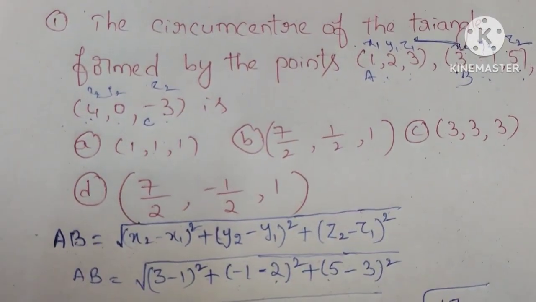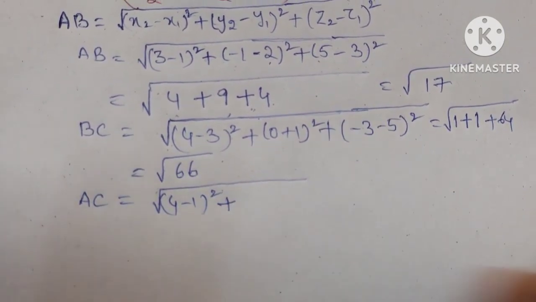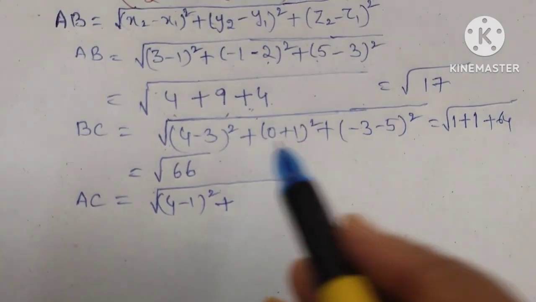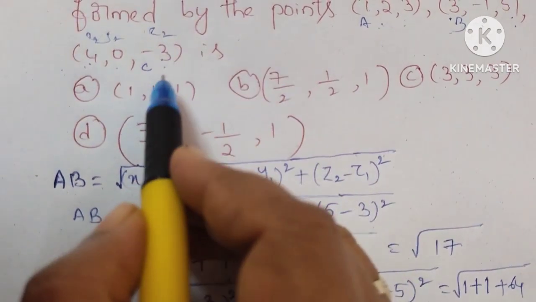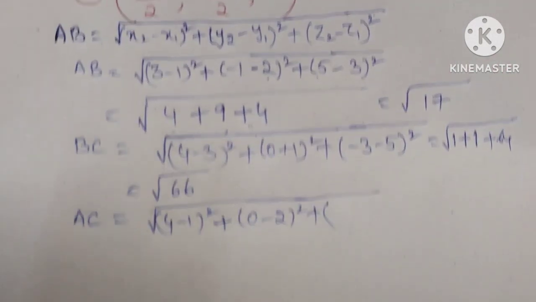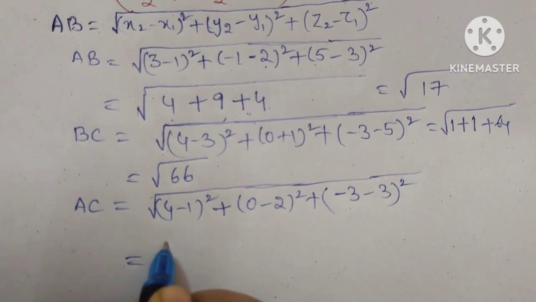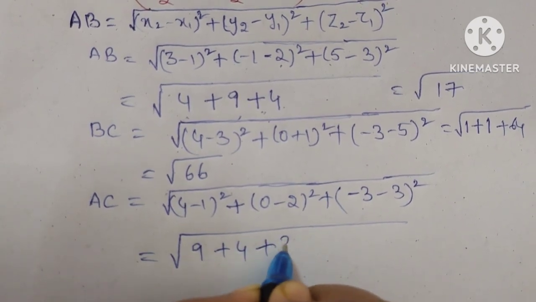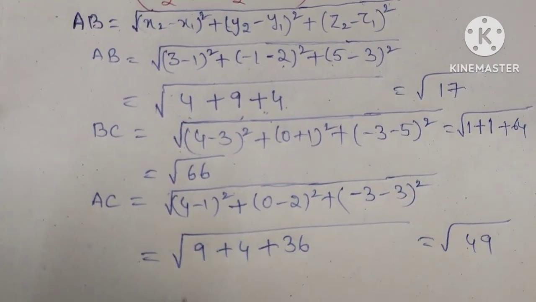Now x2 minus x1, 4 minus 1 whole square, plus y2 minus y1, 0 minus 2 whole square, plus z2 minus z1, z2 is minus 3 and z1 is 3, so minus 3 minus 3 whole square. 4 minus 1 is 3, 3 square 9, plus 4, plus 36. So 36 plus 4 is 40, plus 9 is 49.